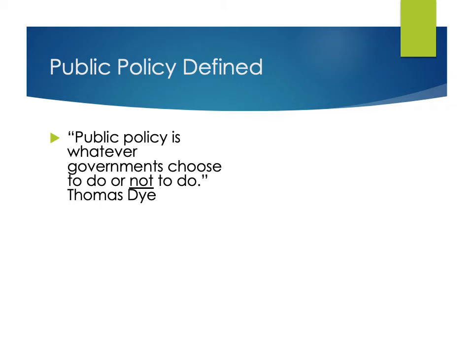And the person who wrote that book that you're reading the chapter from, he's a political scientist, and his name is Thomas Dye. And I love his definition of public policy because it's almost kind of vague, but it's really true that public policy is whatever governments choose to do or to not do, right?